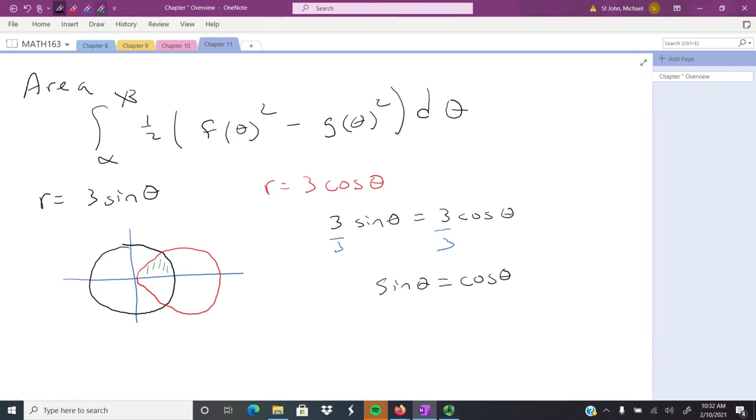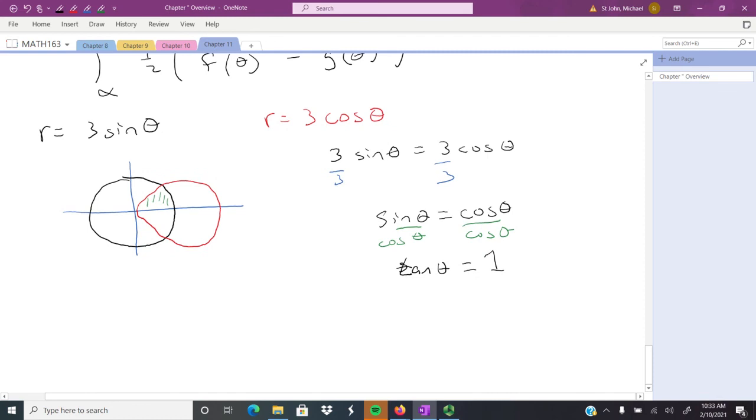And then if I divide, we have sine over cosine, which of course is tan theta, equal to 1. And tan theta equals 1 means theta would end up being pi over 4.